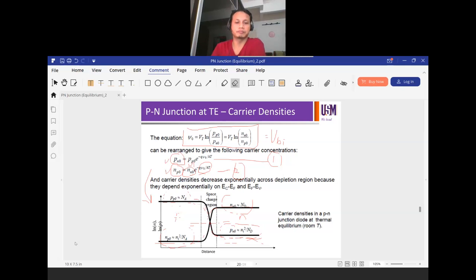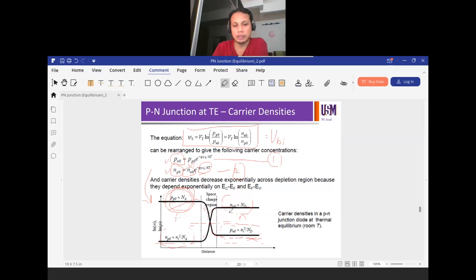So how is it related? Let's look at the holes first, the top one first. Pn naught, let's look at the first one. When we join P and N material together to form a PN junction, the moment you join, hole is the majority carrier on the left hand side, right?